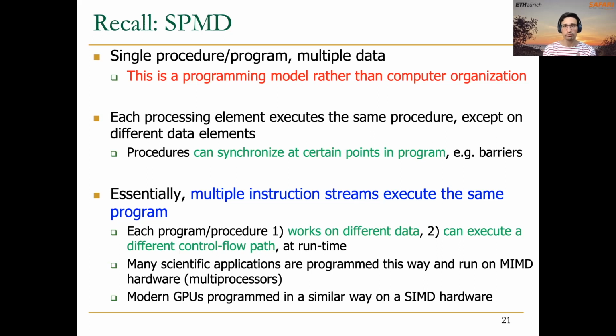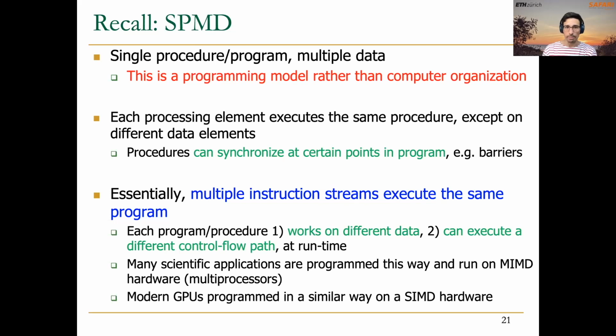Using barriers, which we call sync threads in CUDA, as we will see soon. Essentially, each procedure is a different GPU thread inside the GPU. Each of them executes its own instruction stream, executing the same program, but operating on different data.